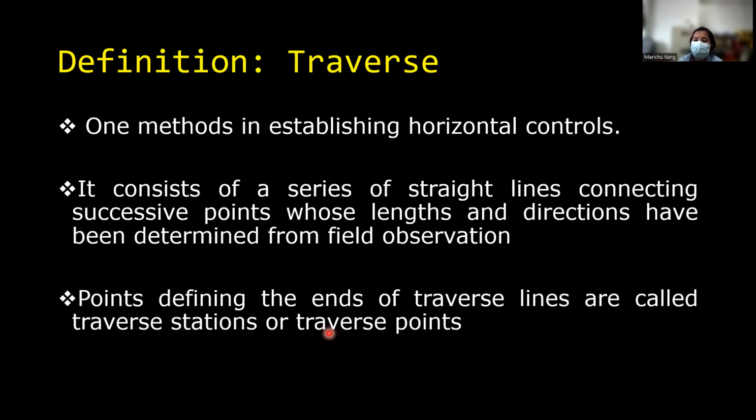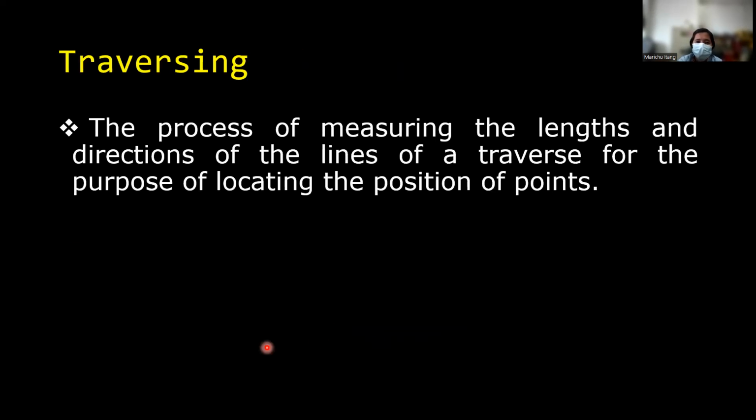I have here another illustration of these traverse stations and traverse points. This is the process of determining or measuring the length and the direction of the lines of a traverse for the purpose of locating the position of points.